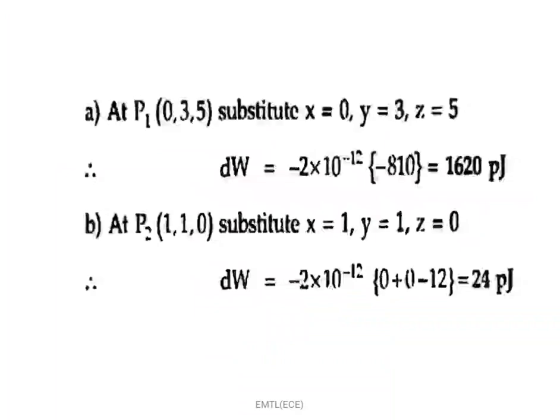Now substitute the point P1 (0, 3, 5). That means these are the values of coordinates x, y, z. So substitute x equal to 0, y equal to 3, z equal to 5 in the above expression.